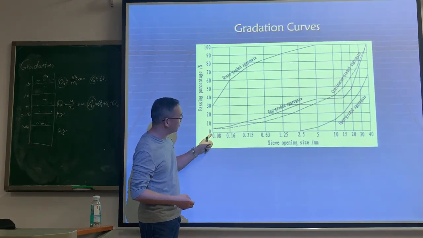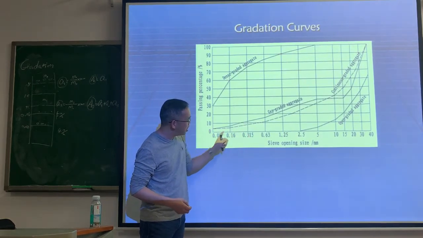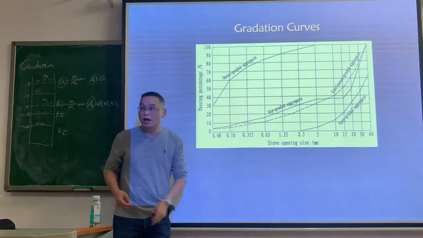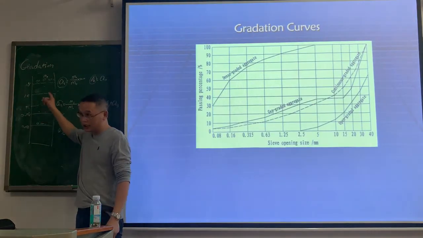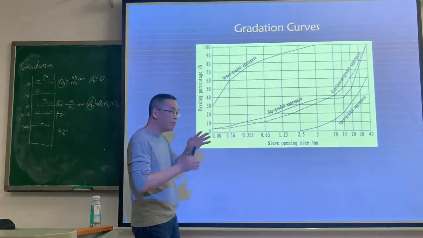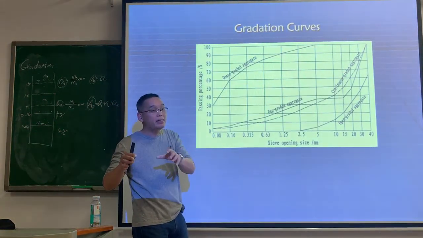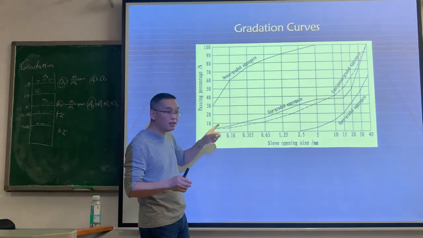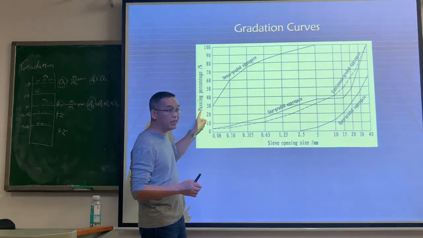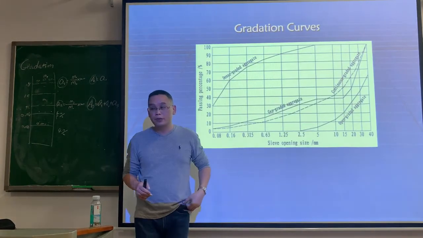And then we can find, on every size, how many aggregates there are. It is different. It can be calculated by the passing percentage, but it is different from the passing percentage.